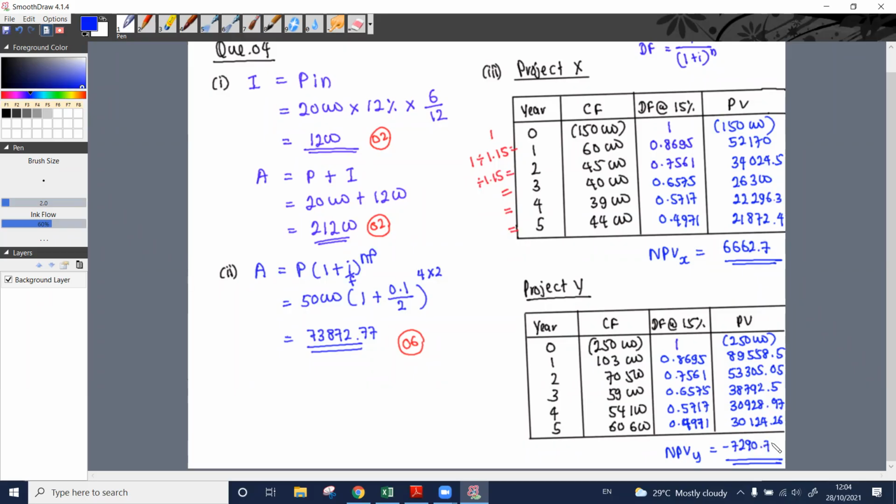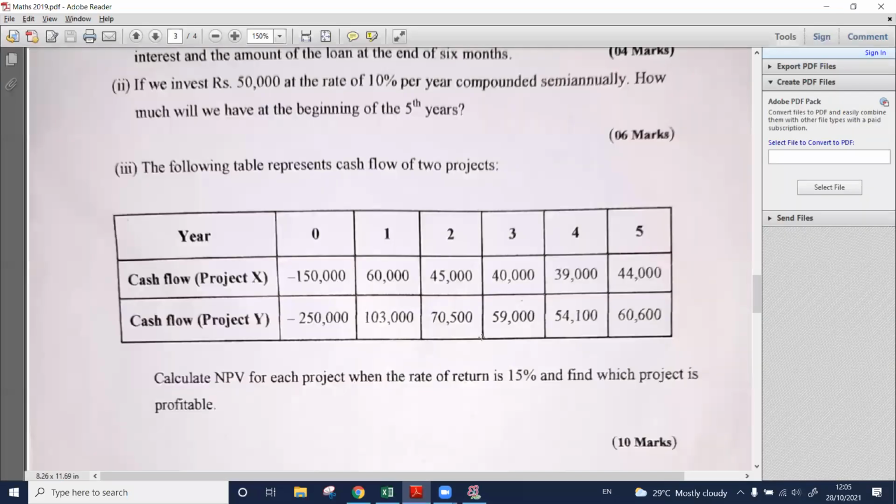Yes. Minus 7,290.72. Then the PV values of project X and Y we have found, and we need to mention which project is profitable.